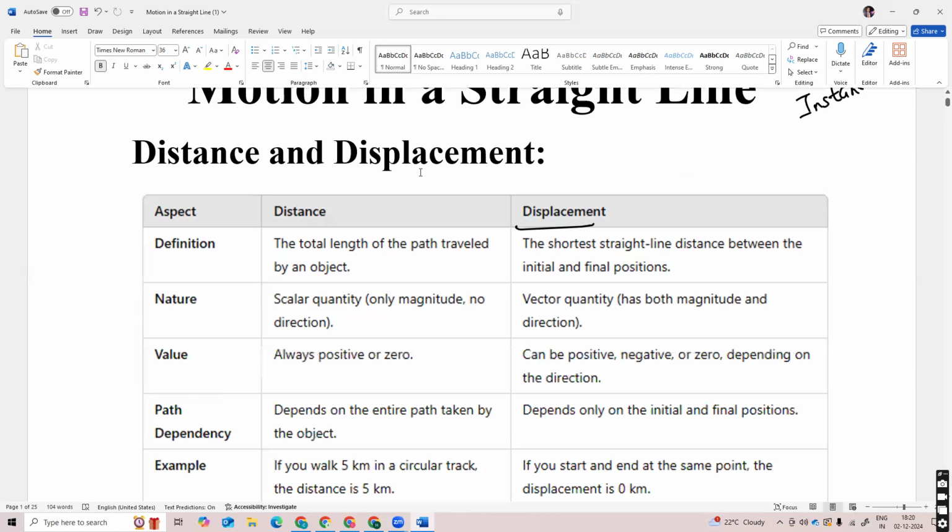So distance is basically the total length of path traveled by any object. This is the definition of distance. It is the total length of path traveled by an object.